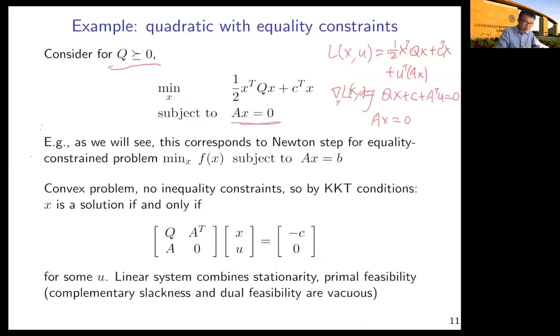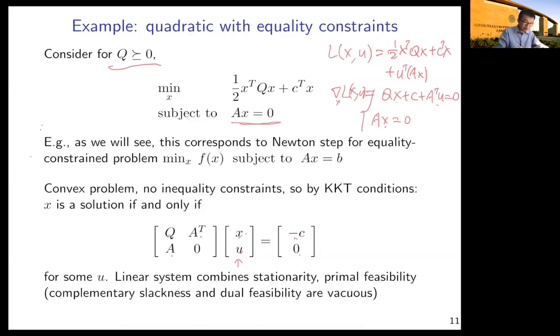So this gives a system of linear equations with respect to x and u. If we vectorize x and u and stack them up, then we can rewrite this linear system of equations as Qx plus A transpose u is equal to minus c, and Ax plus 0 times u is equal to b.